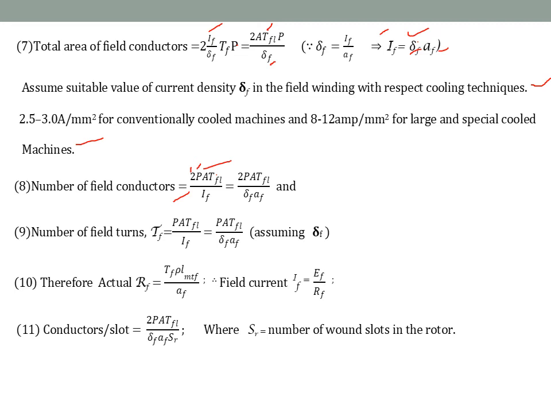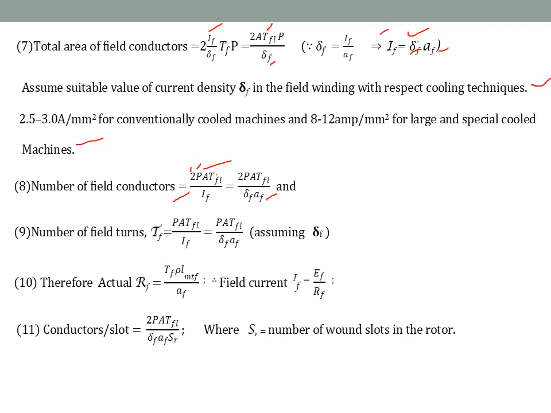So this 2 into P into ATFL will give the total number of field conductors. Now divided by IF. So this will give 2P ATFL divided by IF, which is delta F by AF.